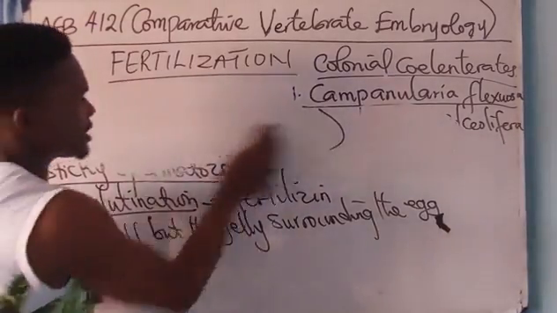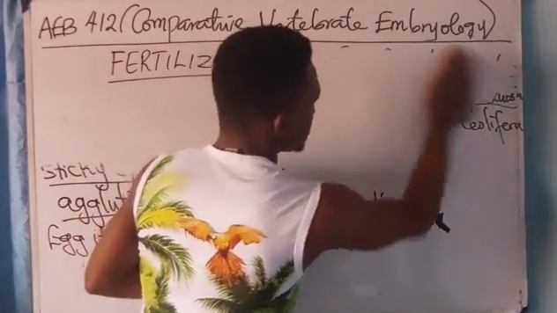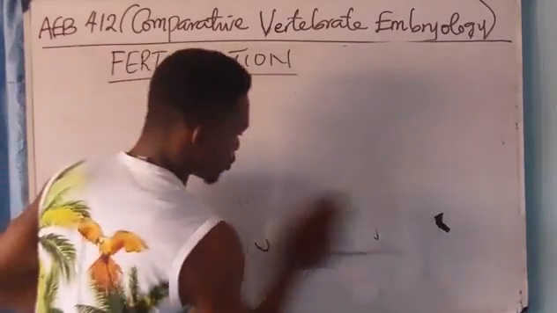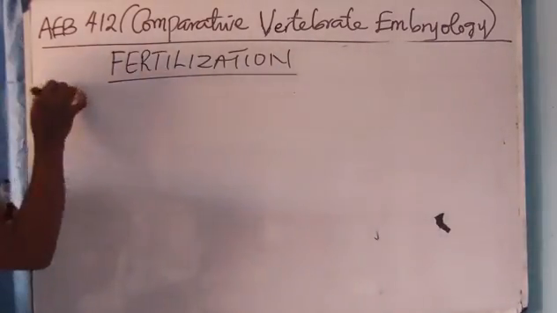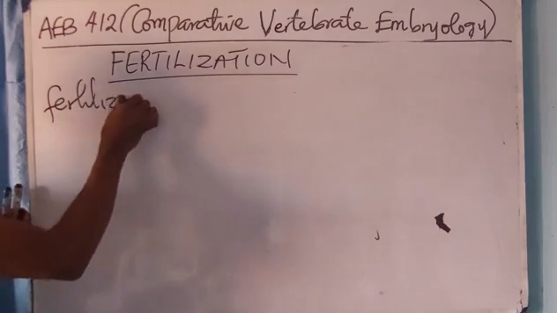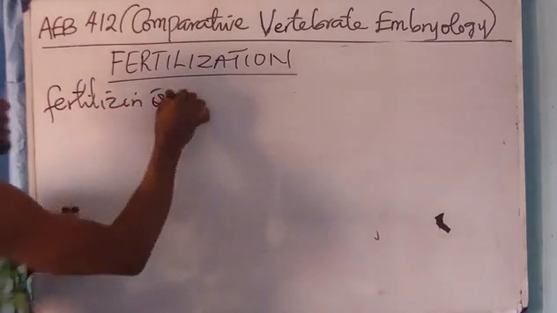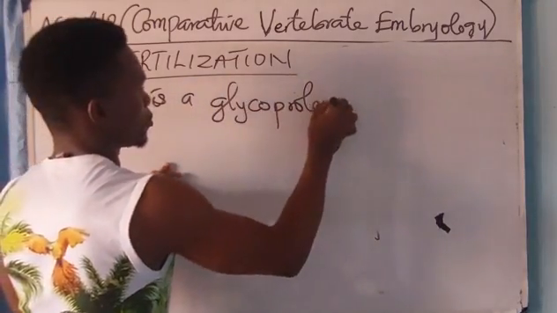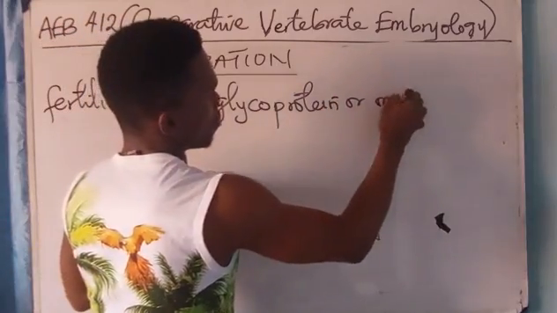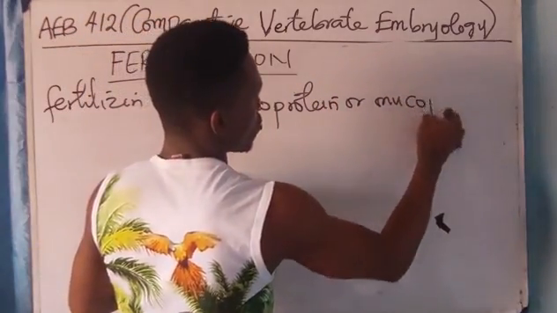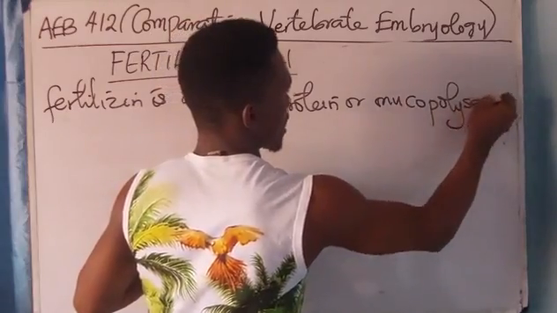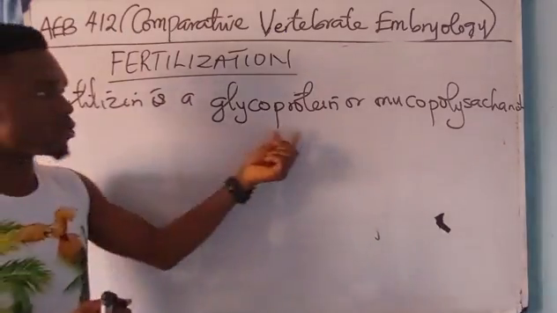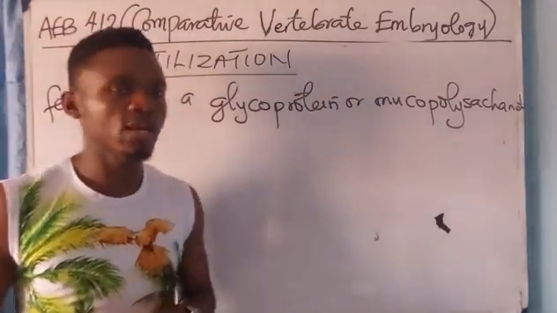The fertilizin is a chemical, sure. It is a chemical that is made up of glycoprotein and mucopolysaccharide. I said the fertilizin is a glycoprotein or mucopolysaccharide.